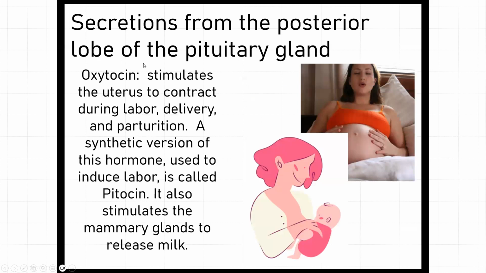Another secretion from the posterior lobe is oxytocin. It stimulates the uterus to contract during labor, delivery, and parturition. A synthetic version of this hormone, which we call pitocin, is used to induce labor. It also stimulates the mammary glands to release milk.